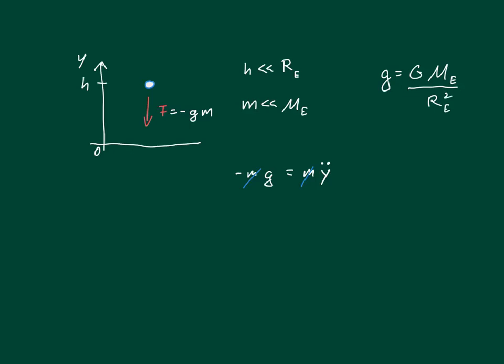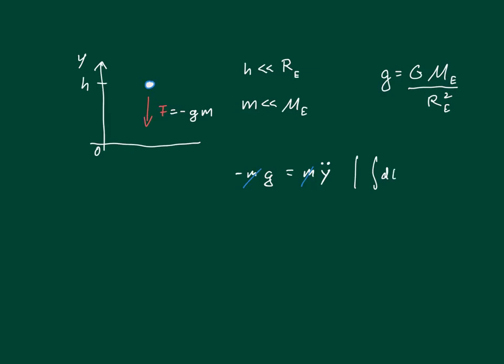So in the end, the only mass which appears in this differential equation is the mass of the Earth. And this differential equation can be easily solved by integrating over time.